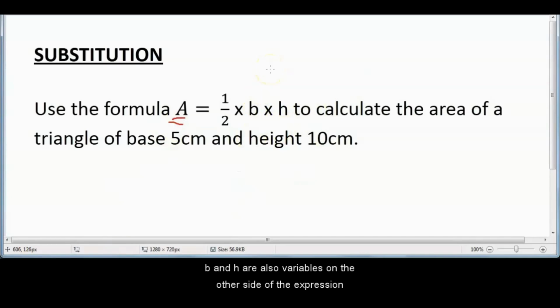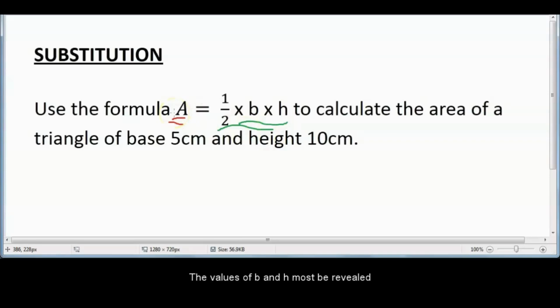B and h are also variables on the other side of the equation. For A to be calculated, the values of b and h must be revealed, and they have been revealed as 5 cm and 10 cm respectively.